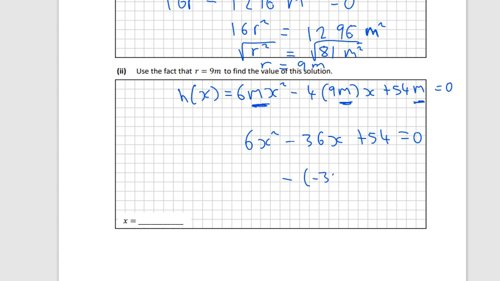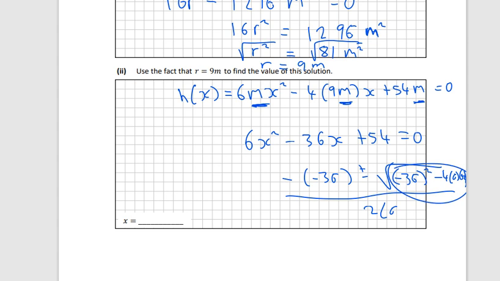It's going to be minus minus 36 plus or minus the square root of minus 36 squared minus 4 times 6 times 54, over 2 times 6. Now, we don't actually need to put in that part because it just has one root anyway, so it has a repeated root. So our final answer anyway is x equals 3 when you put all that into the calculator.